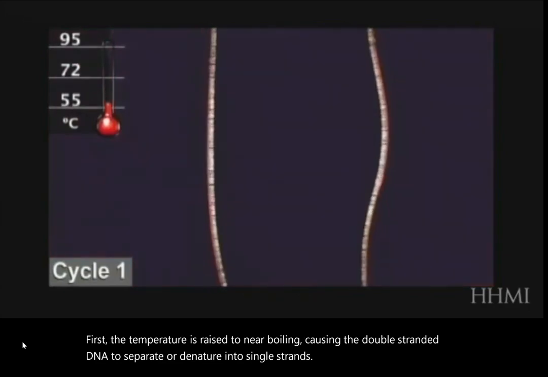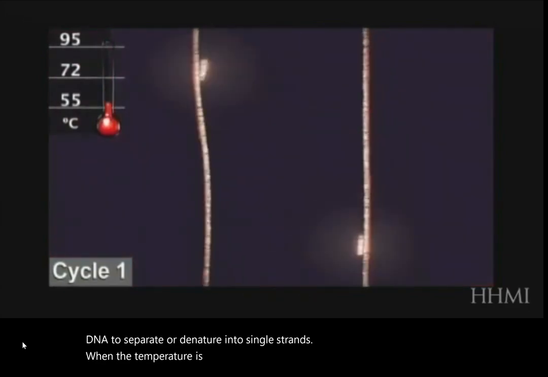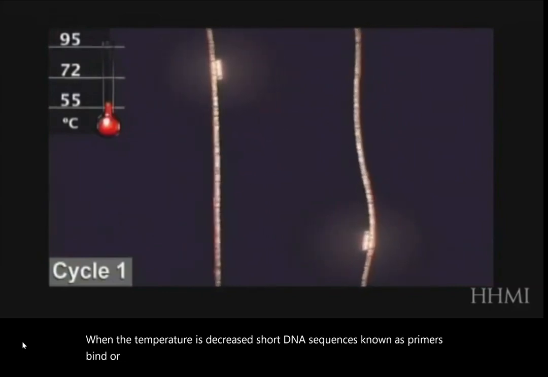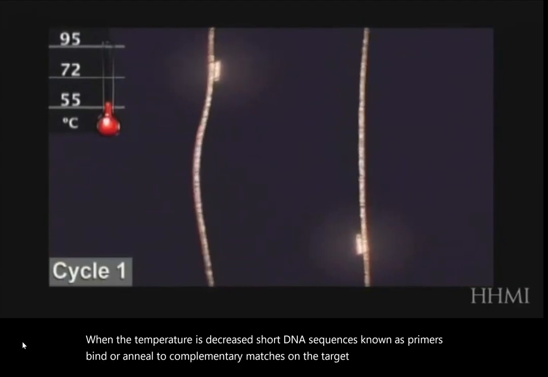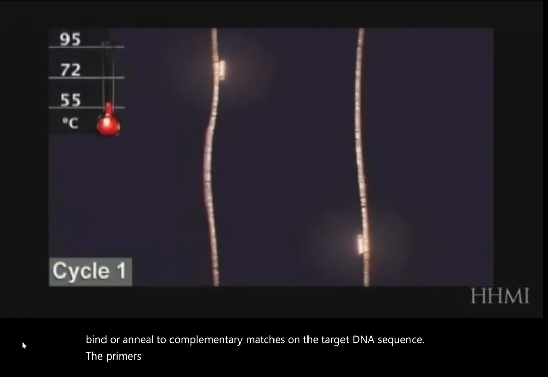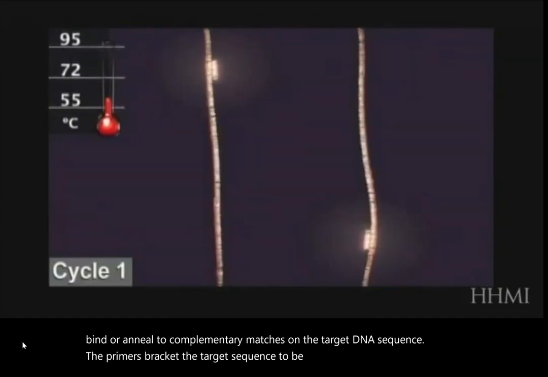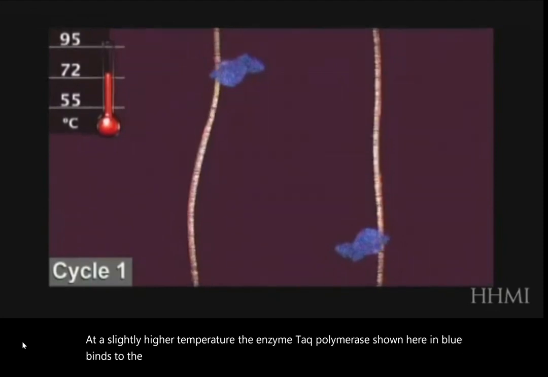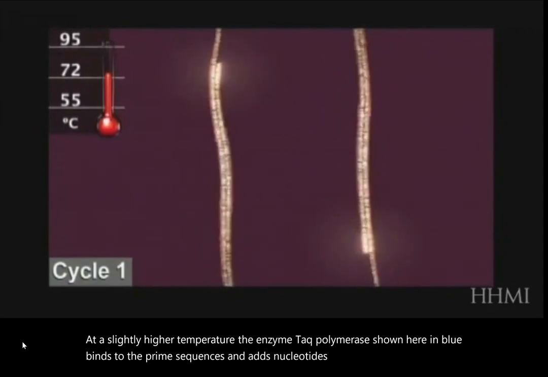When the temperature is decreased, short DNA sequences known as primers bind, or anneal, to complementary matches on the target DNA sequence. The primers bracket the target sequence to be copied. At a slightly higher temperature, the enzyme Taq polymerase, shown here in blue, binds to the primed sequences and adds nucleotides to extend the second strand.